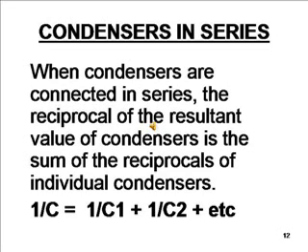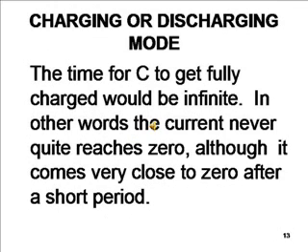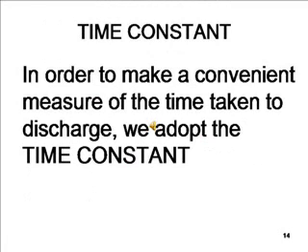The time for a condenser to get fully charged would be infinite. In other words, the current never quite reaches zero, although it comes very close to zero after a short period. In order to make a convenient measure of the time taken to discharge, we adopt the time constant.